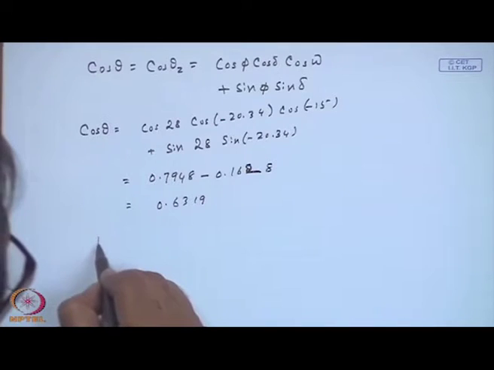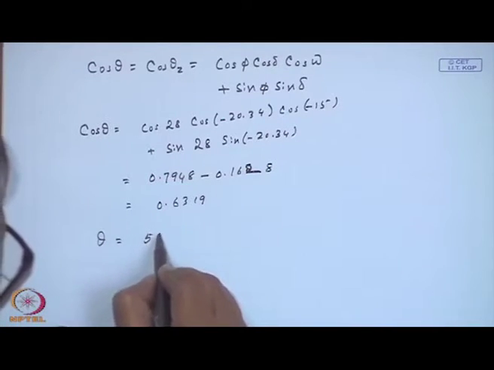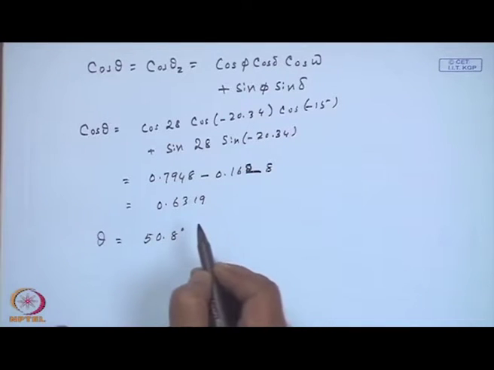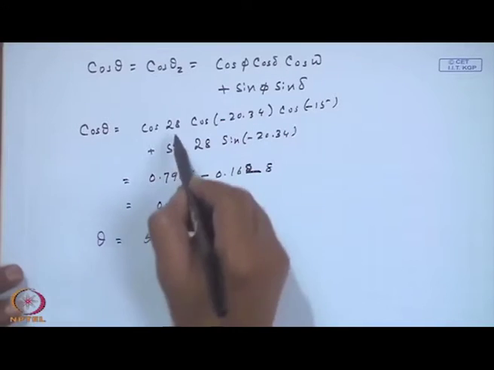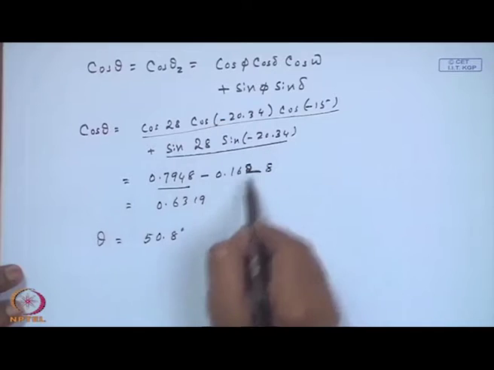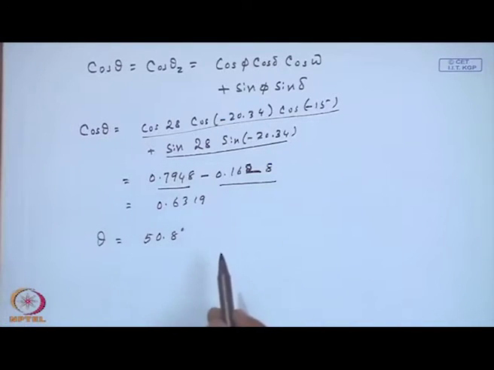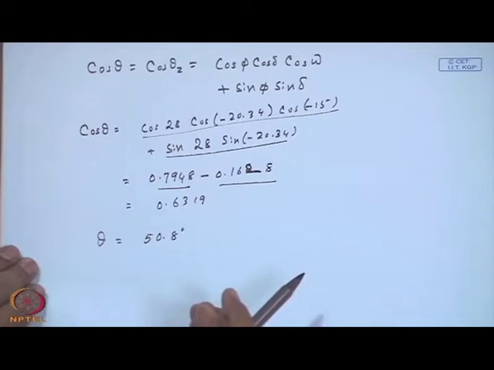So that theta is equal to 50.8 degrees. You can check whether this quantity is equal to this or not. But the procedure is basically that you calculate the cosine theta with the appropriate expression from the general expression.